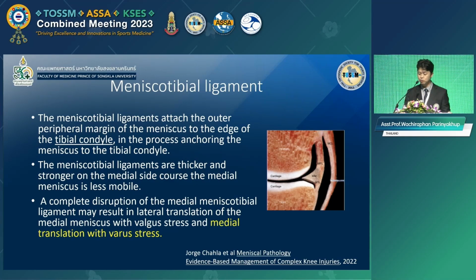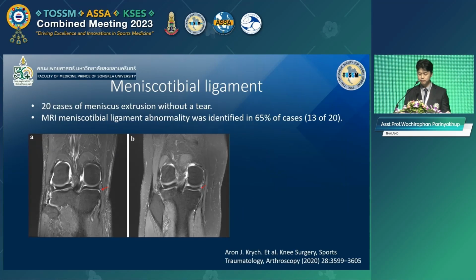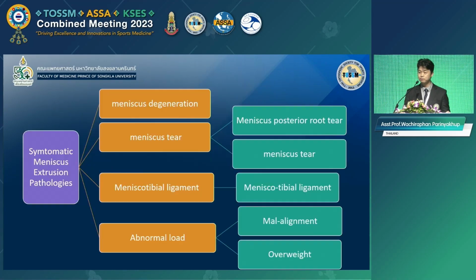The structure that provides stability to the meniscus is the meniscotibial ligament. There is a study that tried cutting the meniscotibial ligament and applying varus and valgus force. When force was applied, the meniscus with the cut meniscotibial ligament displaced medially. Another study reviewed MRIs of meniscal extrusion without a tear and found abnormal signal at the meniscotibial ligament in more than 65% of cases.